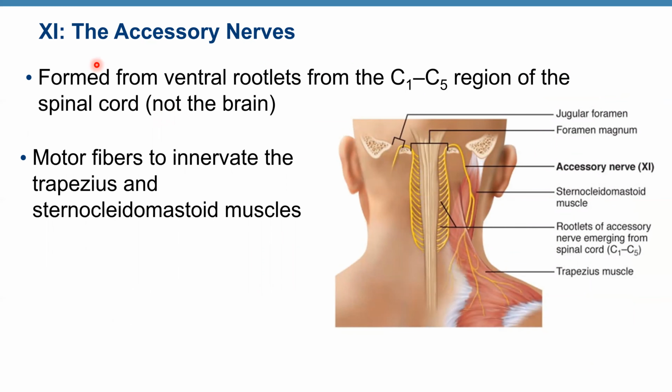Accessory, 11. Accessory is formed by part of the ventral rootlets. So it's in the cervical region, right? So well, now they believe it's not even cranial, it's a spinal nerve.